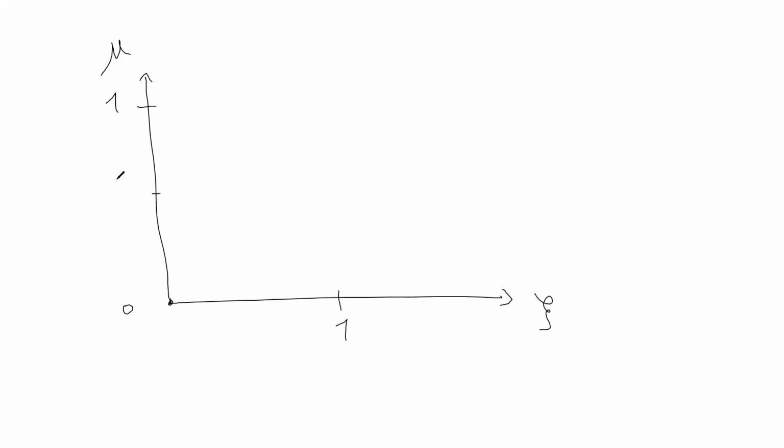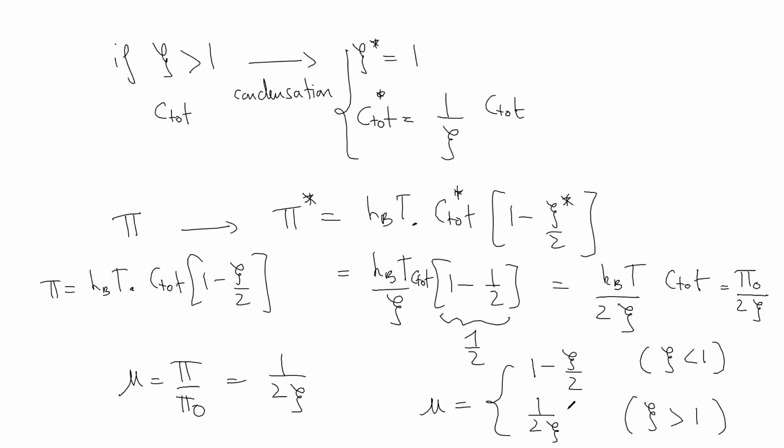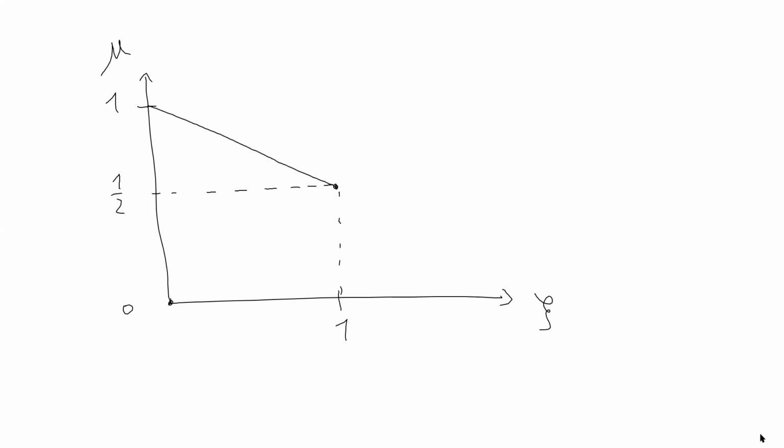So here I should have 1/2 somewhere when psi is equal to 1. So I should pass linearly to that point. So it's something like that. And then we see that it's a rational power law behavior, 1 over psi. So now it should basically go to 0 smoothly. And sorry, here it's a continuous slope.